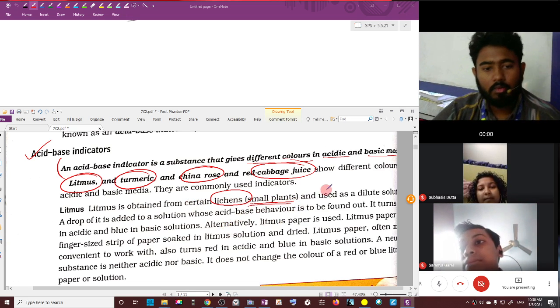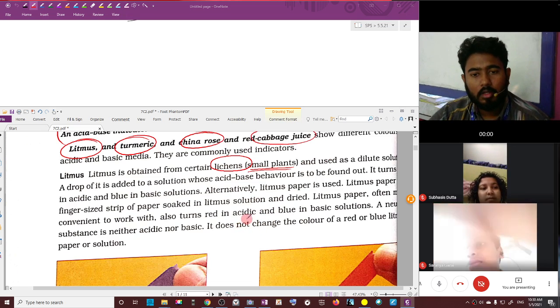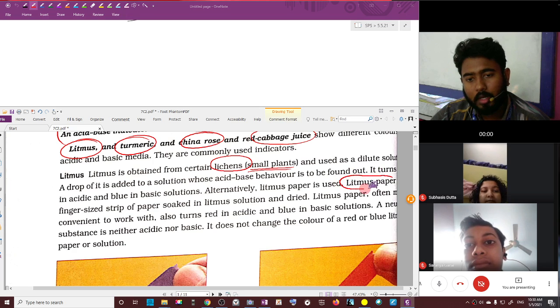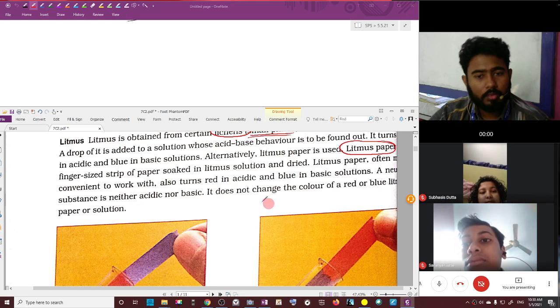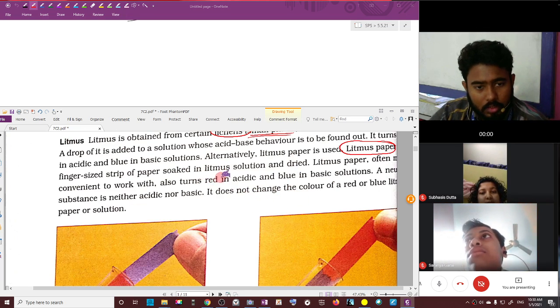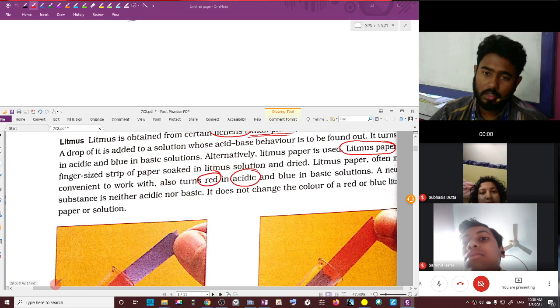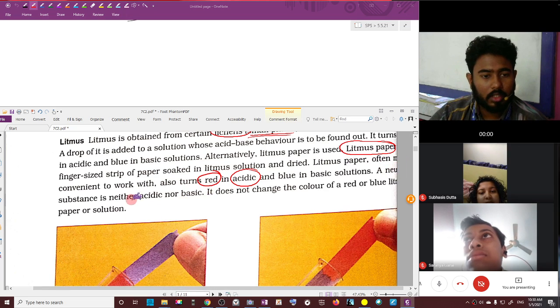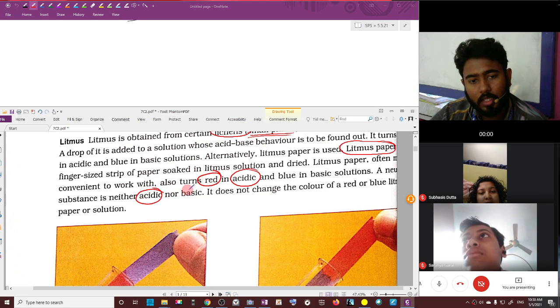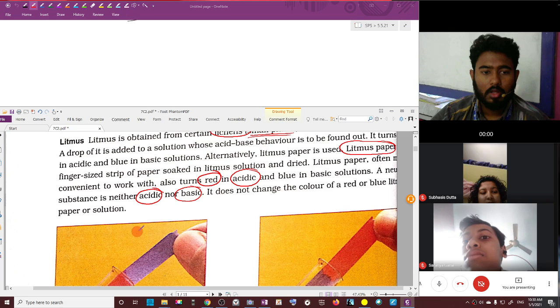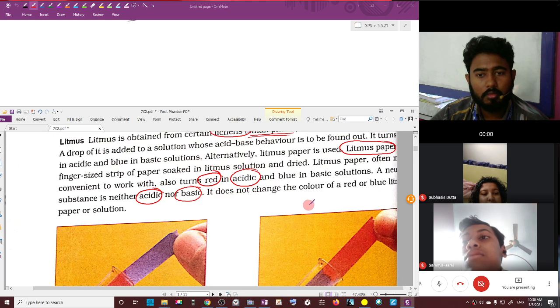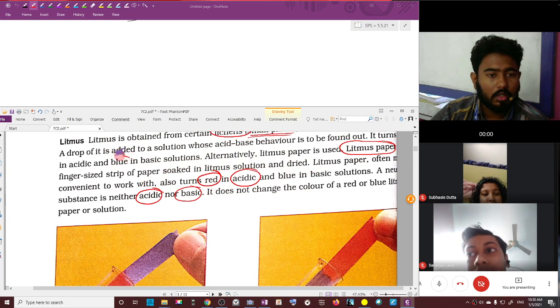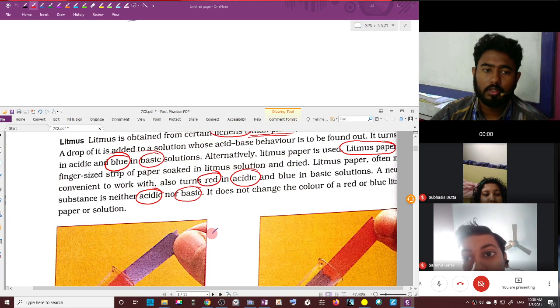Is that clear? Now we have to prepare a dilute solution from that, and we have to soak a paper. That paper after drying will be litmus paper. Now it turns red in acidic solution, it is neutral, that is it does not change color, when the solution is neither acidic nor basic, and it turns blue in basic solution.